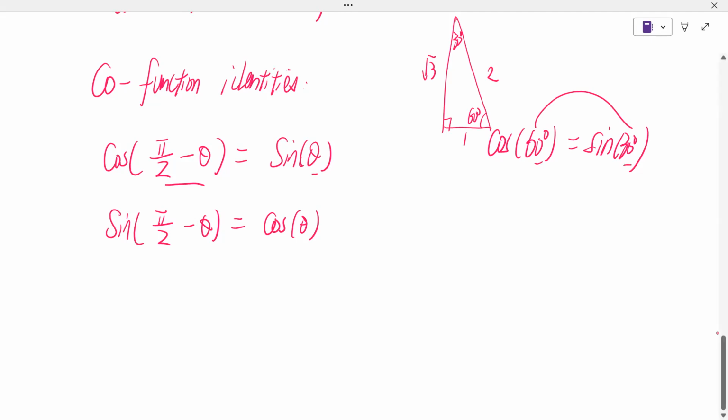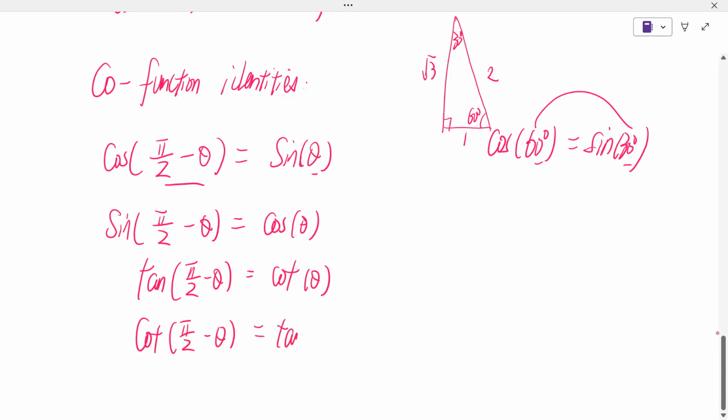This angle plus this angle, 90 degrees. And tangent of pi over 2 minus theta equals cotangent theta. Again, they are cofunctions. Now cotangent of pi over 2 minus theta equals tangent theta.